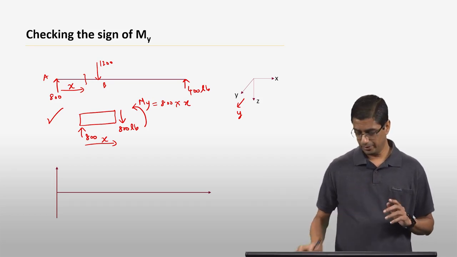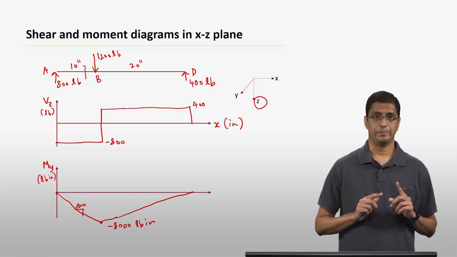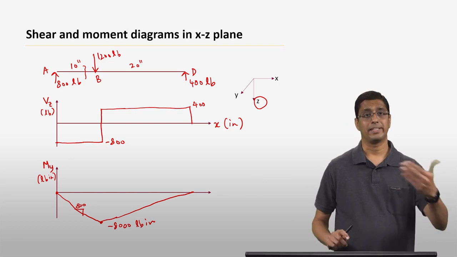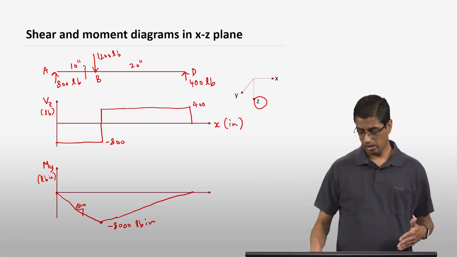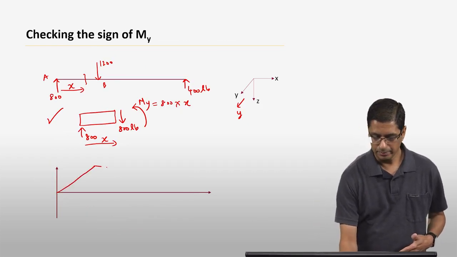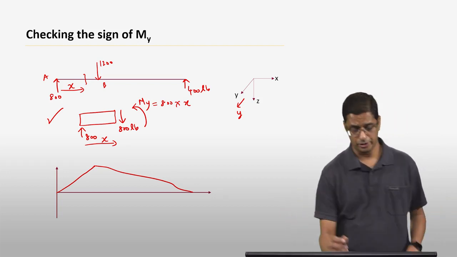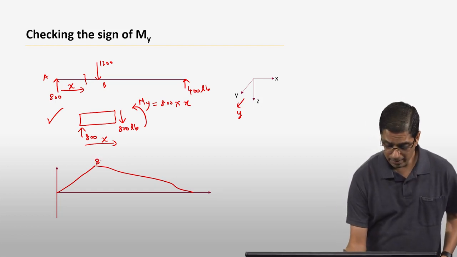So all that we need to do to make sure that the My diagram that we constructed previously is correct is essentially to flip it about the x-axis. So instead of having it go down like this, all we need to do is make it go up like that and go down. The values and everything is still the same. So instead of minus 8,000 pound inches, it's going to be plus 8,000 pound inches.